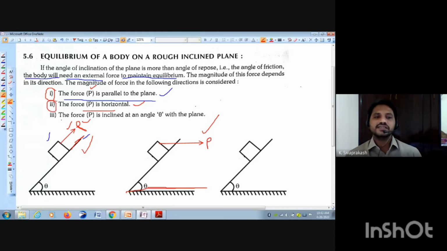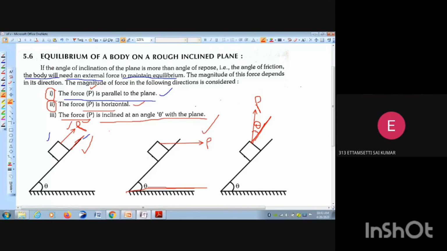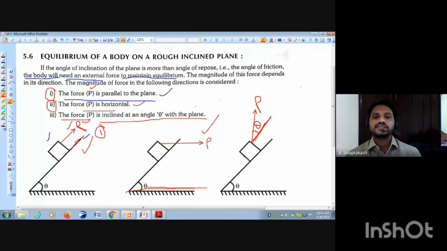And the third case, the force P is inclined at an angle theta with the plane. In the third case, you have to take force P as an inclined force, making angle theta. The first case is parallel, the second case is horizontal, and the third case is inclined.